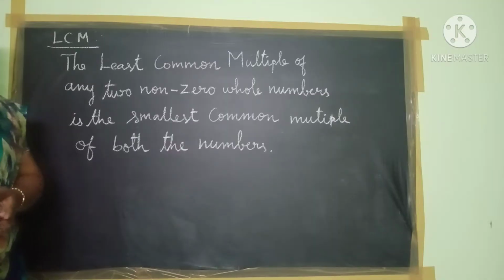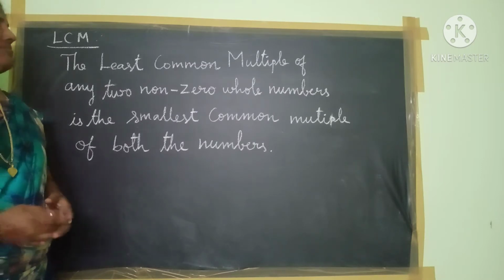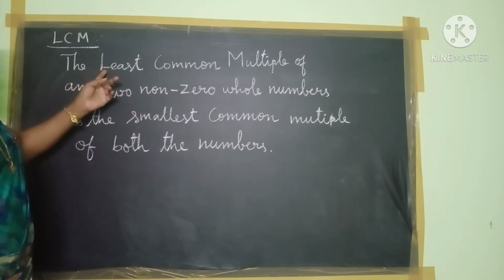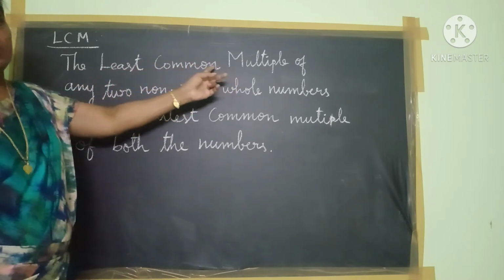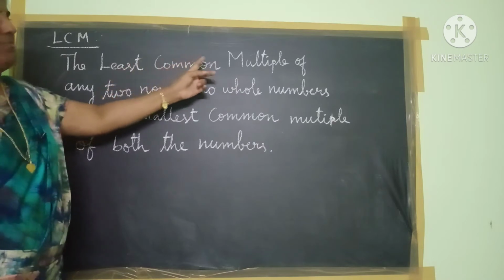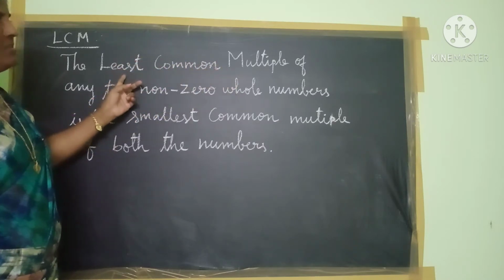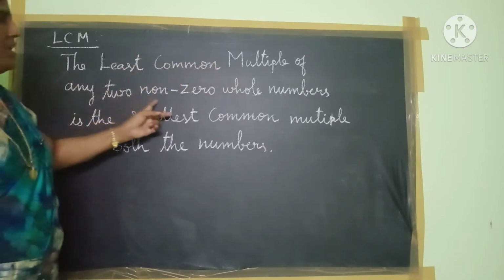Okay children? Now let us see the LCM. L stands for least, C stands for common, M stands for multiple. Least common multiple. Least means smallest, of any two non-zero whole numbers.